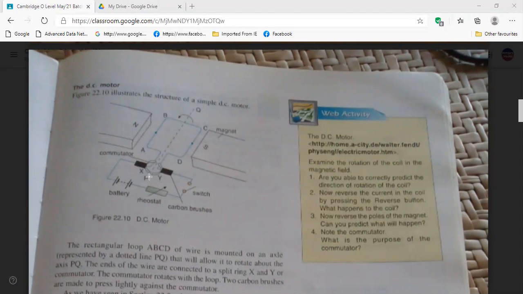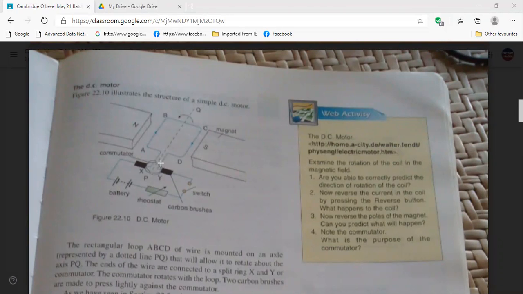So this is the benefit of the splitting. We have only one side in contact at once, right? Not two sides together in the same side. It's the benefit of the split ring commutator, and with the consequences of this, we have some other benefits. We will go for discussion with them.